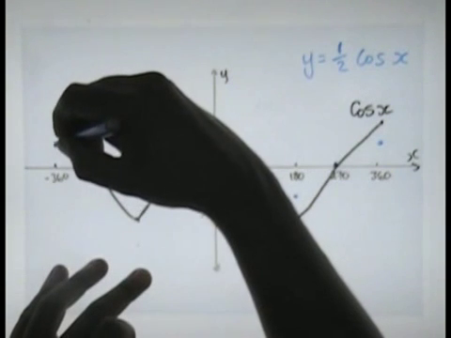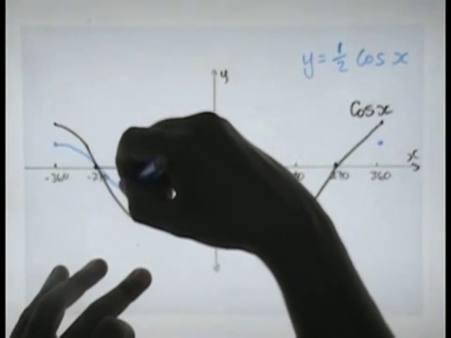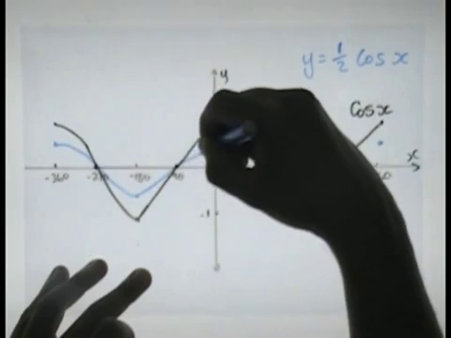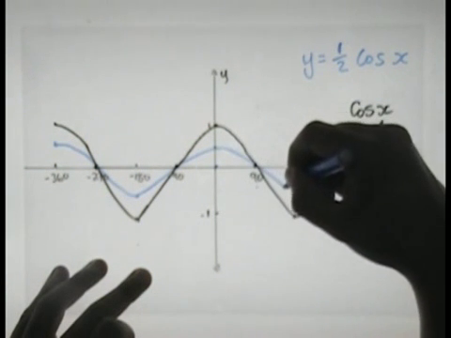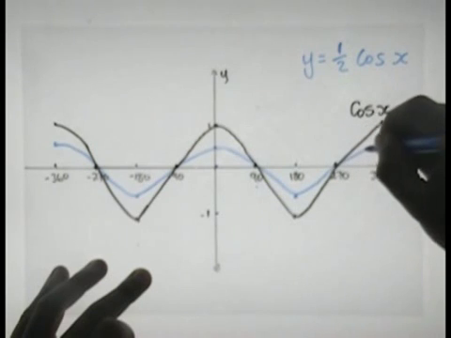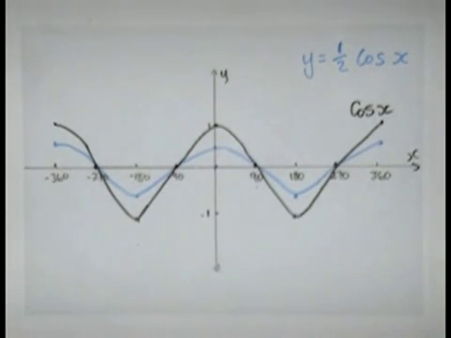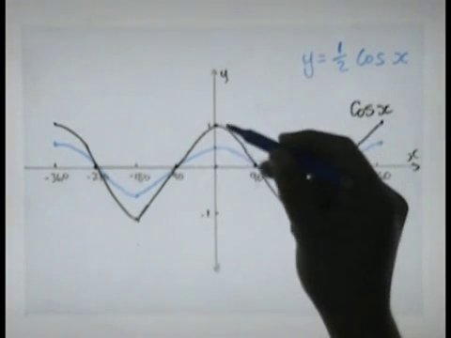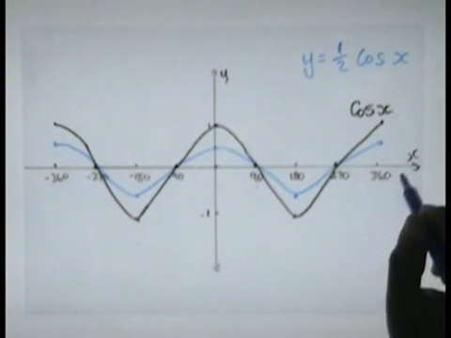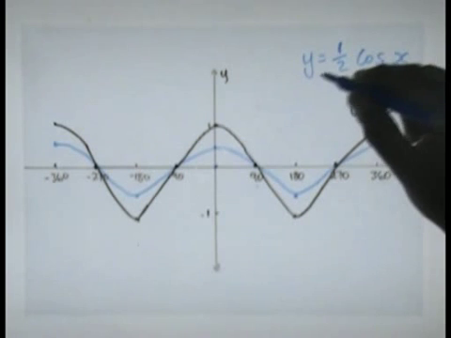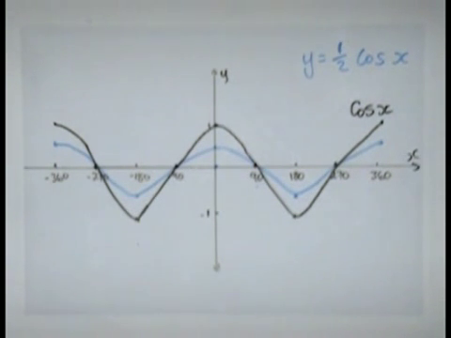That means that this graph is going to look a bit like this. Notice that all we've done is halve the amplitude and halve the trough in our wave to get the graph y is equal to a half cos of x.